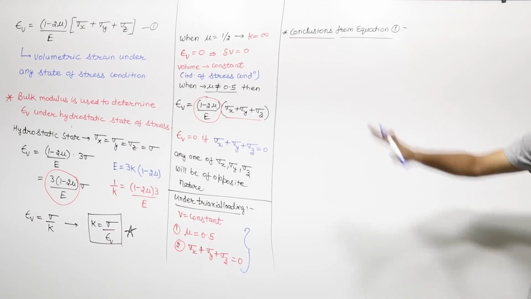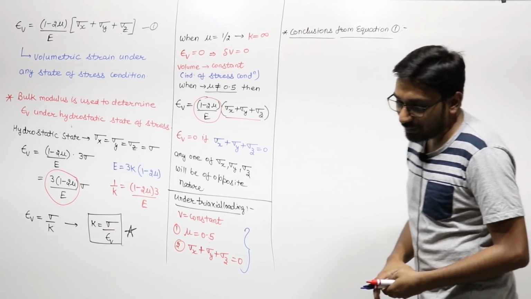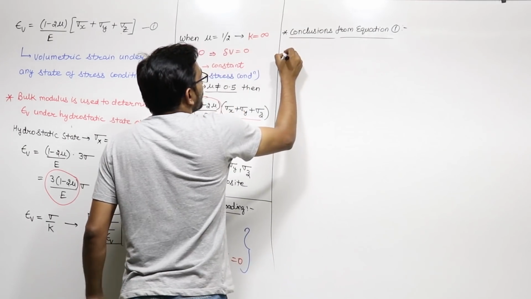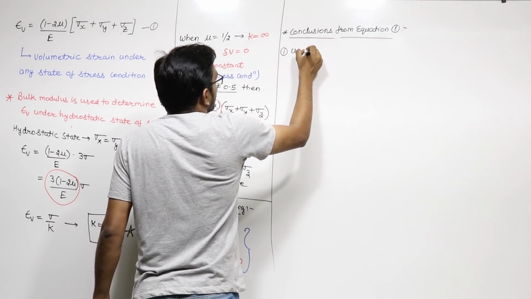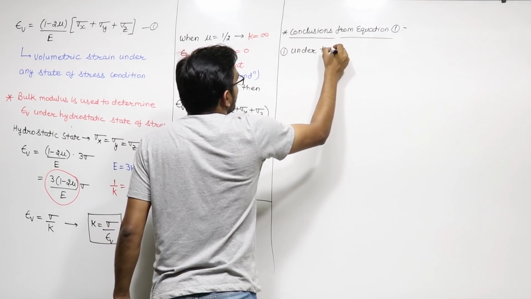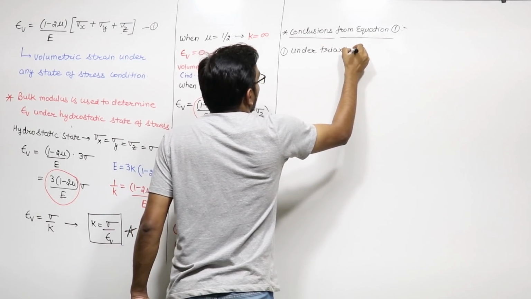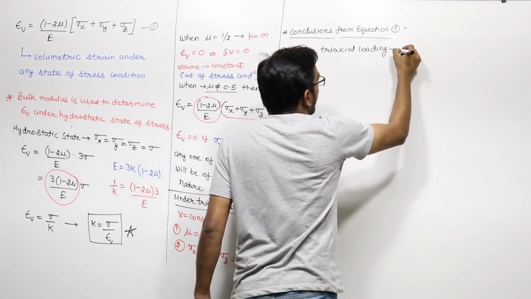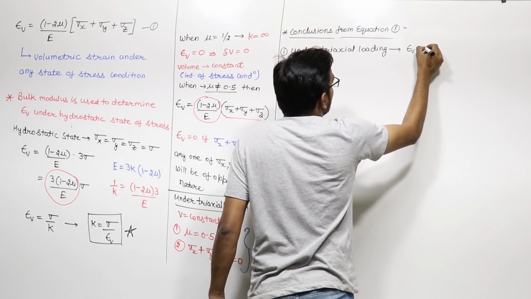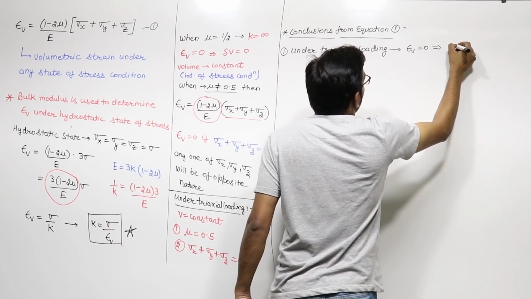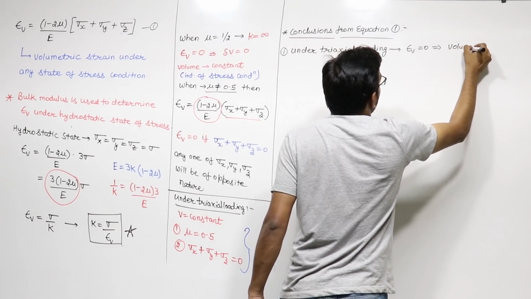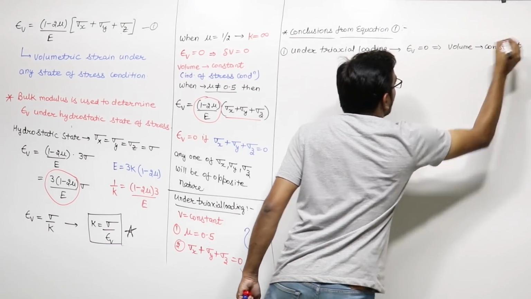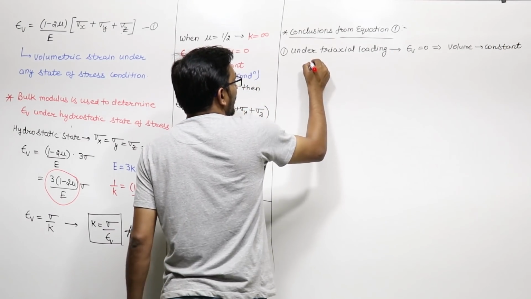From equation 1, the first conclusion is this: under triaxial loading, if you want volumetric strain to be 0, that means volume to be constant, there are two possibilities.